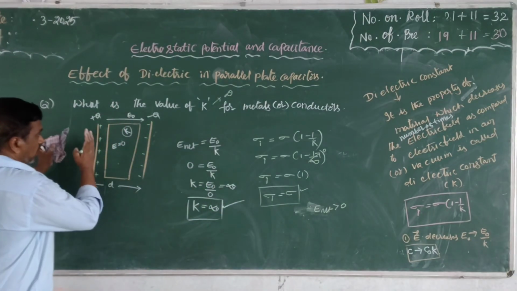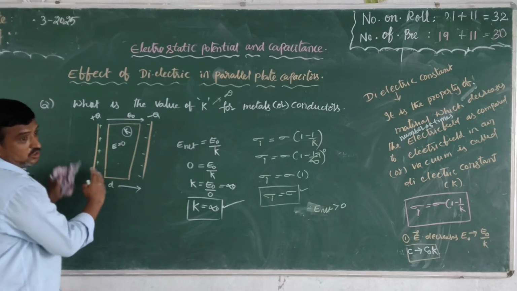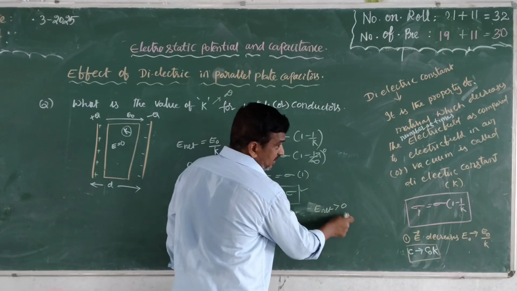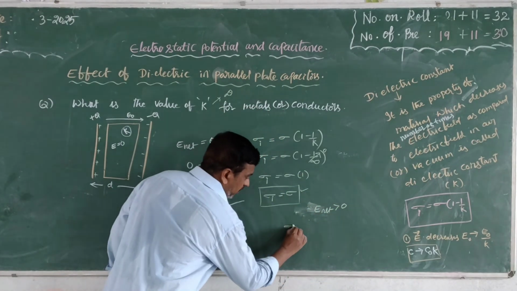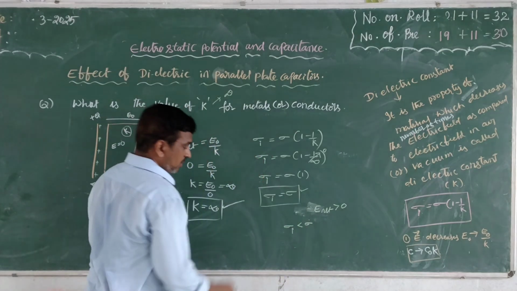This means the external electric field and the individual electric field are both equal, which is why the net electric field we get is 0. So when the net electric field is greater than 0, sigma I is less than sigma.